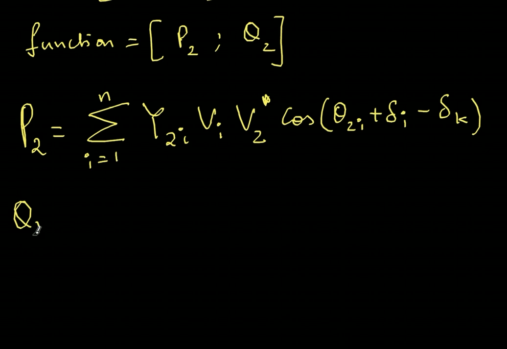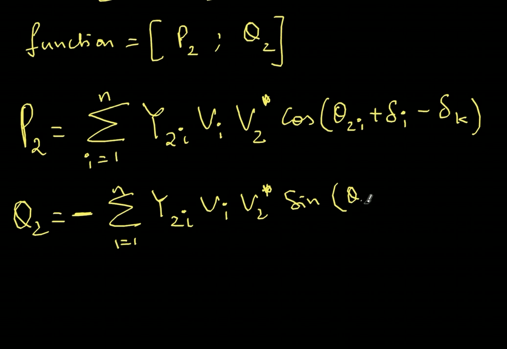Similarly, what is Q2? It will be exactly the same with a minus sign at the beginning and cos replaced by sine. We derived this before. I'm just copying from above, and then this will be the sine. Now I have two functions, P2 equal to something and Q2 equal to something. These are the two functions that I'm going to use for solving the unknowns.